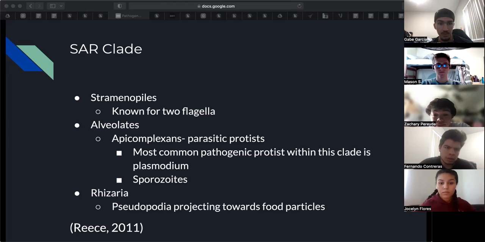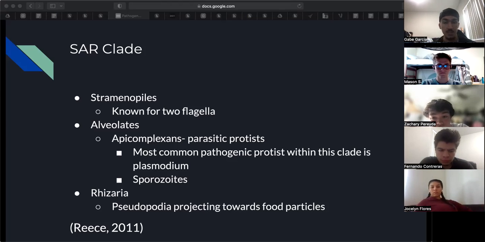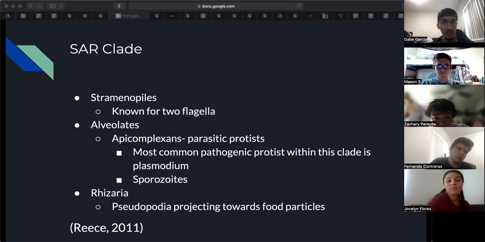Alveolates are known for the alveoli, which are enclosed sacs that contain fluid. A subgroup of alveolates are called apicomplexans, and they are known for being parasitic protists. The most common apicomplexan is Plasmodium, which we will go over later in the slides.